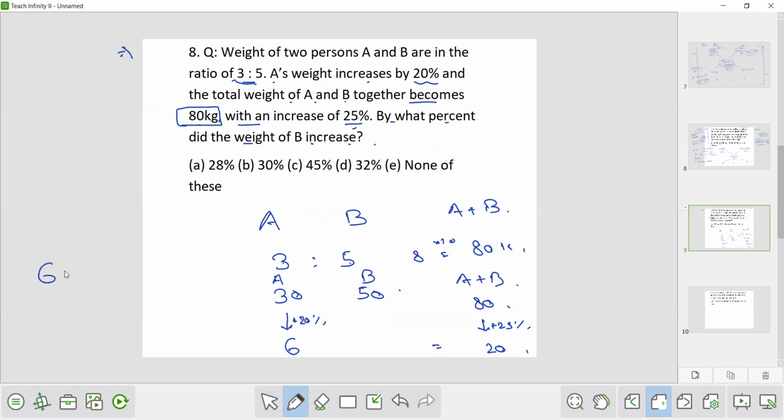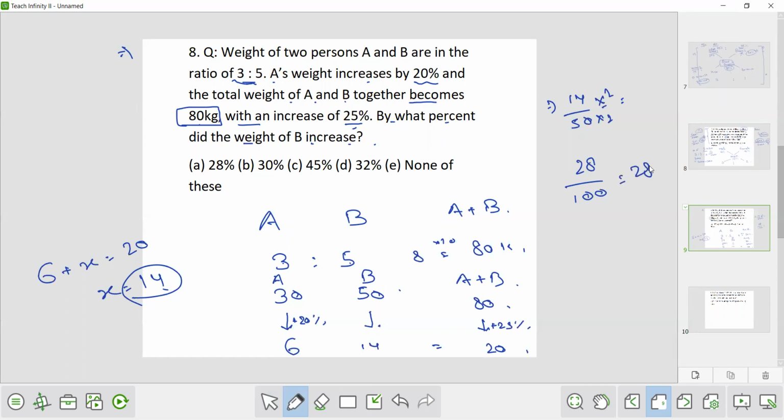Now 6 plus x equals 20. So x is how much? 14. So there is an increase of 14 out of 50. How much percentage did it increase? 14 out of 50. Again multiply by 2 on both sides, numerator as well as denominator, it will become 28 upon 100, that is 28%. So option A is the correct answer.